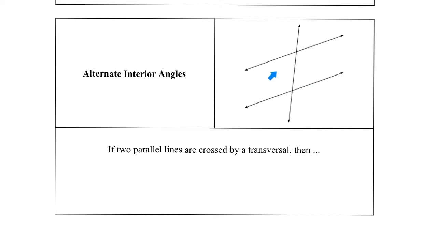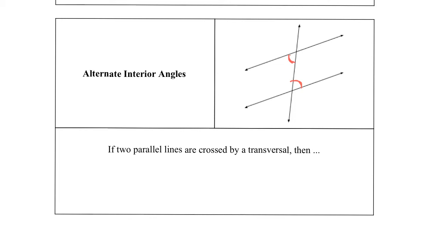That's what alternate means. Interior means we're inside the parallel lines. So what does that tell us? That tells us that like if I choose this angle right here, the other one has to be on the other side and also inside. So there would be your alternate interior angles. There would be another pair right here and right here.